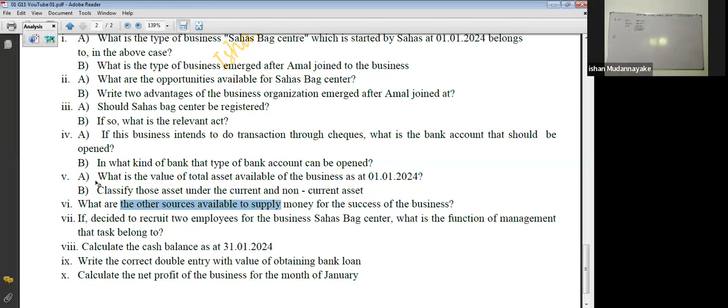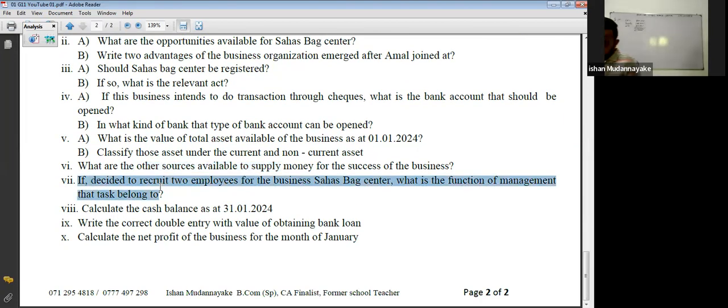Right. Look at the Roman number 7. If the business decided to recruit 2 employees, what is the function of management that task belongs to? Is it planning or organizing? They haven't recruited yet; they only decided to recruit 2 employees.